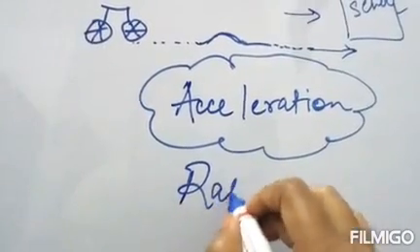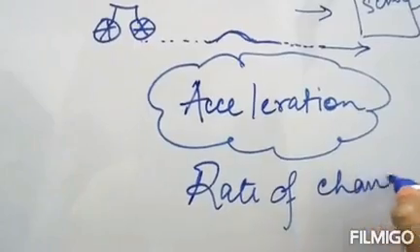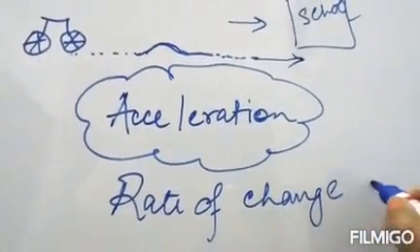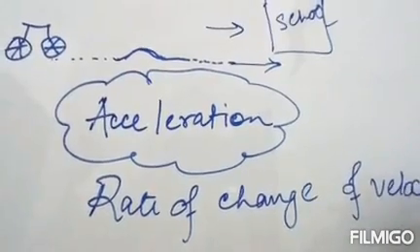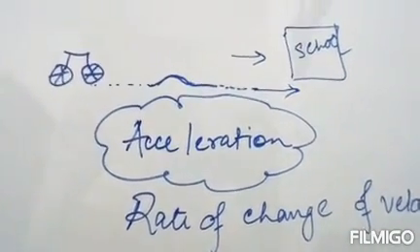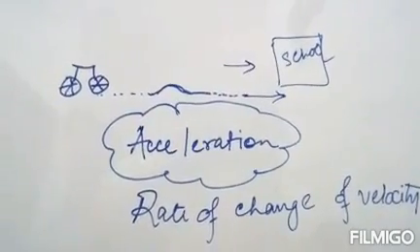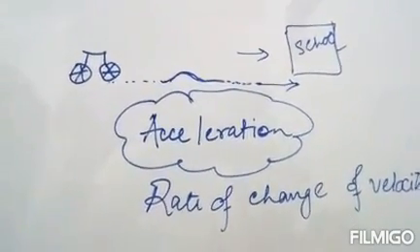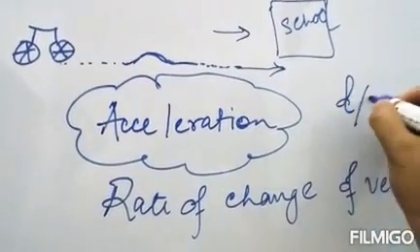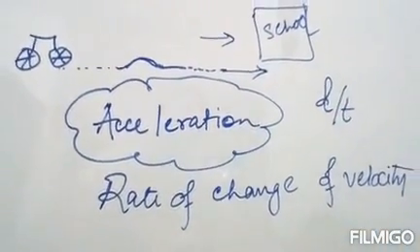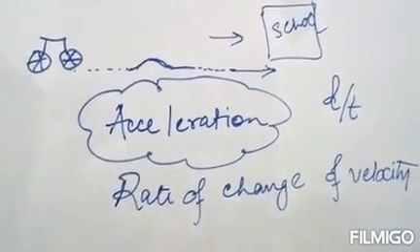Rate of change of velocity. So if it is rate of change of velocity, what is velocity? Velocity is distance by time, correct? Then this is change of velocity also.